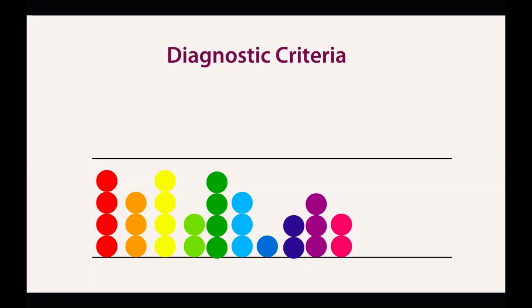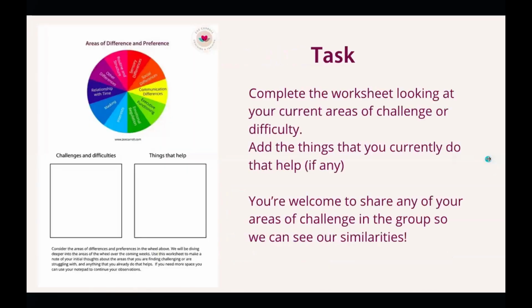So sometimes people are misdiagnosed or undiagnosed. And so the diagnostic criteria is not where we're going with this program. We're going to look more at how we make the best of our differences and preferences and manage our lives in ways that make us have more joy, more freedom, and be happier with who we are.